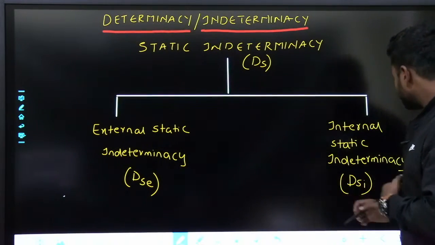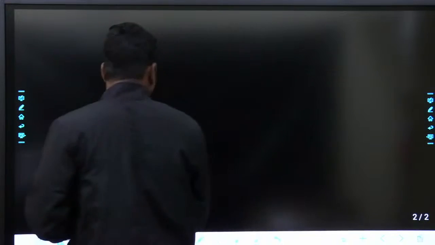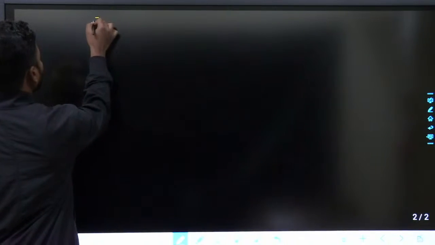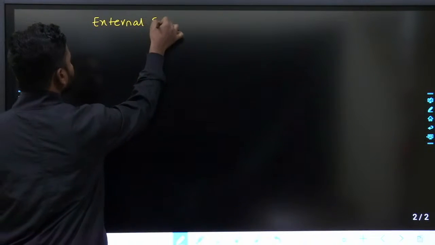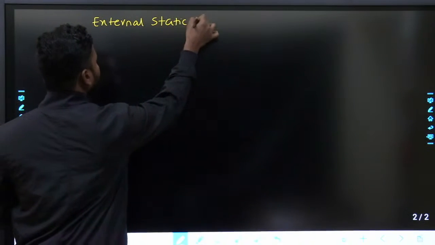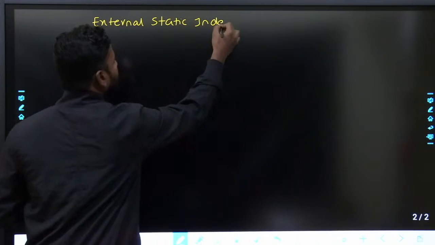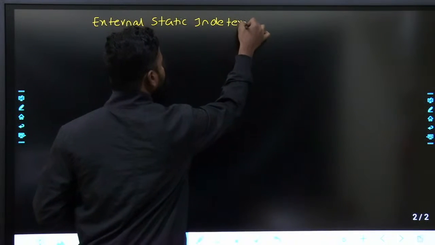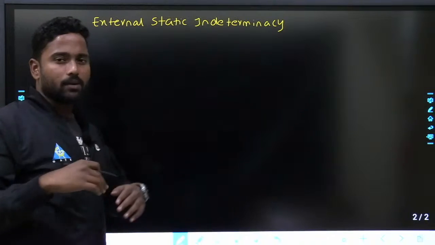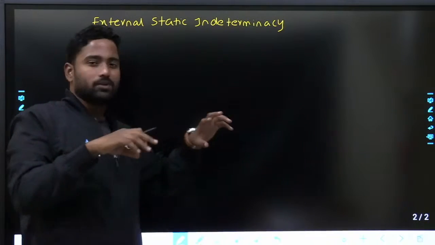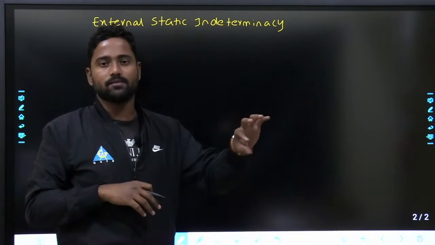And what exactly is external static indeterminacy? Generally I divide the structures into three types: beams, trusses, frames.